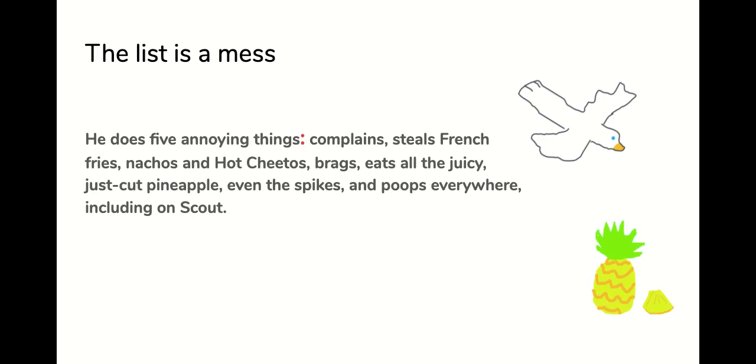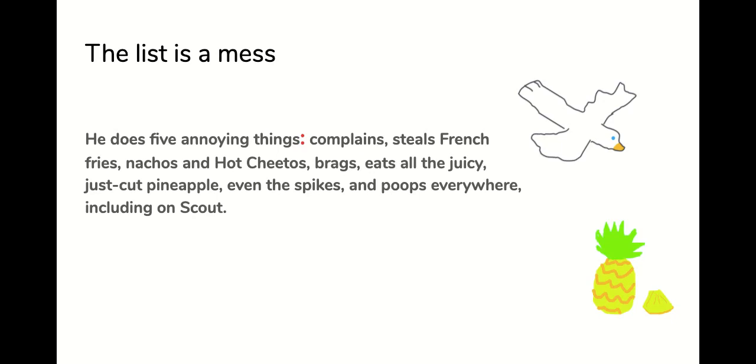And as you can see, it's going to be a bit confusing unless I had already seen that list. Now pretend for a minute you haven't seen this list before that I just showed you. Let's read this sentence. He does 5 annoying things. Complains, steals French fries, nachos, and hot Cheetos, brags, eats all the juicy, just cut pineapples, even the spikes, and poops everywhere, including on Scout.